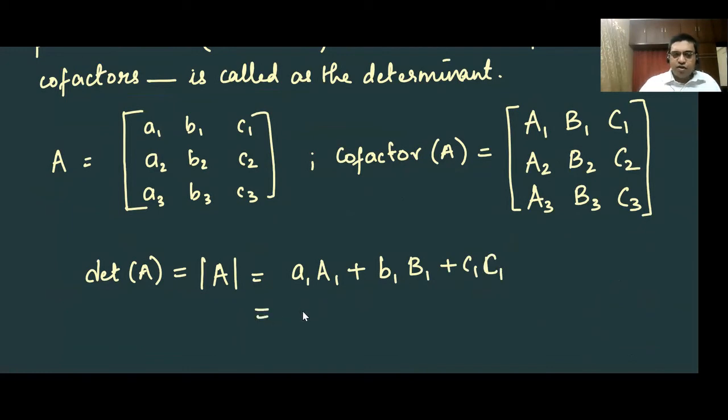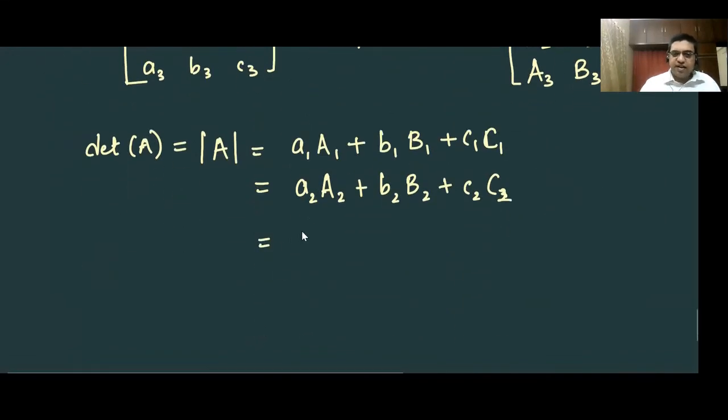Or along the second row, A2 capital A2, B2 capital B2, C2 capital C2. They will be equal. We can take an example and see. Or along the third row, A3, B3, C3 multiplied by their cofactors.